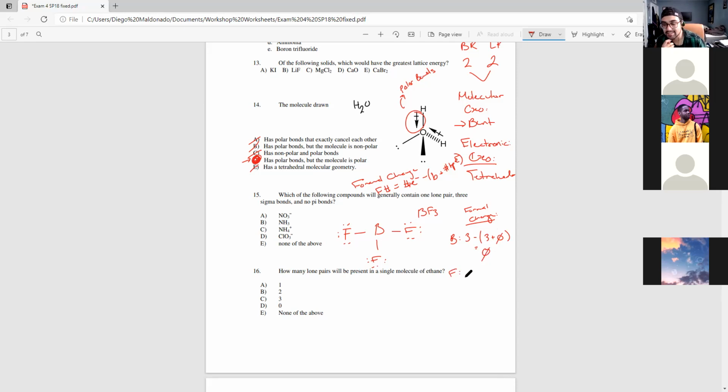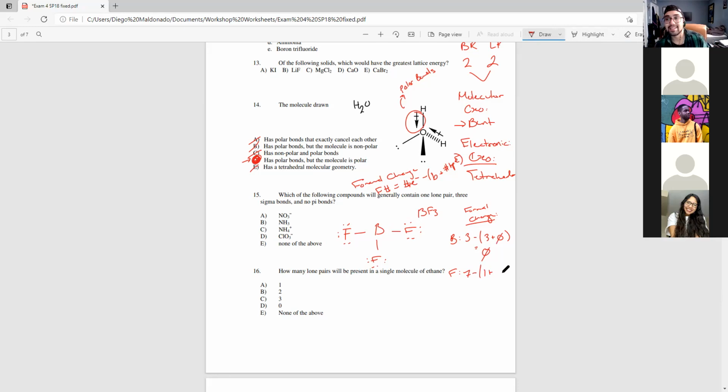And then fluorine. So how many valence electrons is fluorine supposed to have? 7. And then how many bonds does fluorine have? We're looking at only one fluorine atom. It'd be 1. One bond. And then how many lone pair electrons do I have? 3.